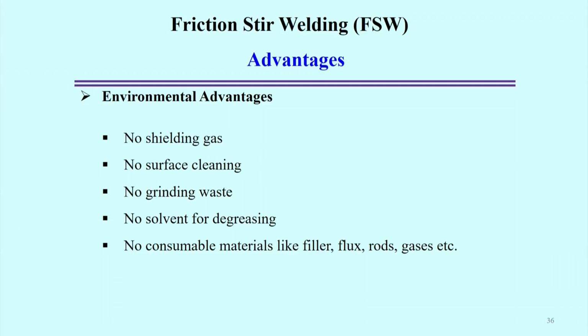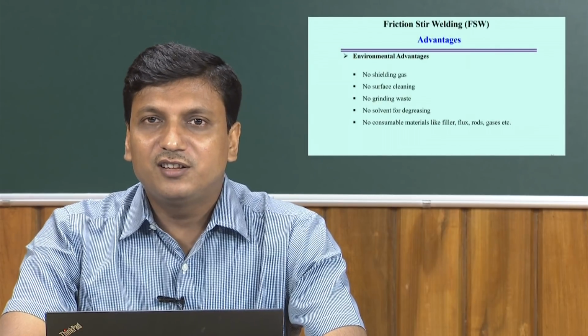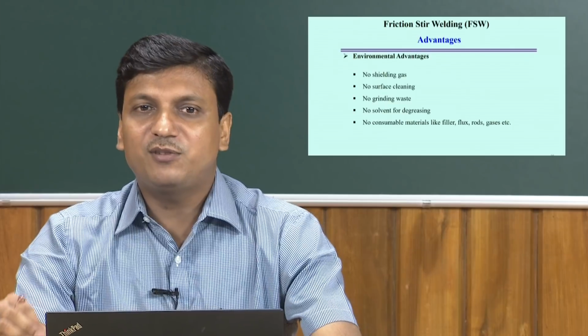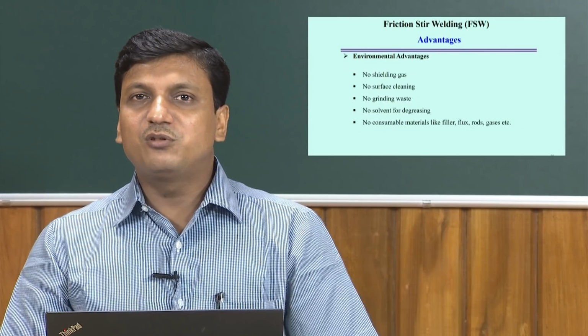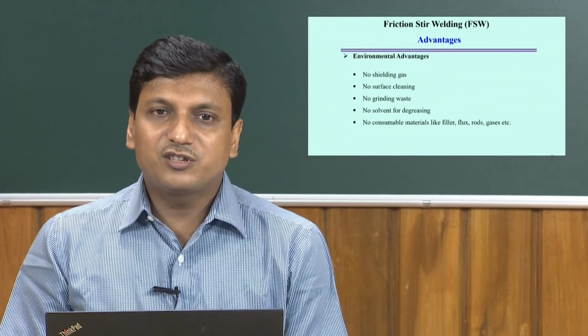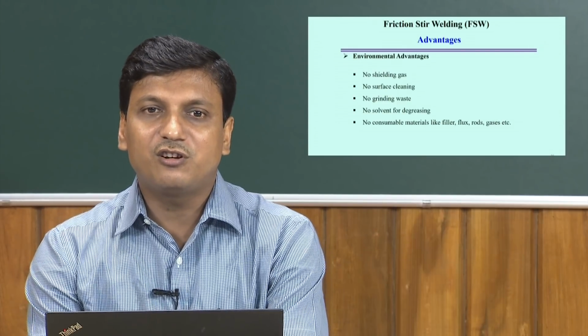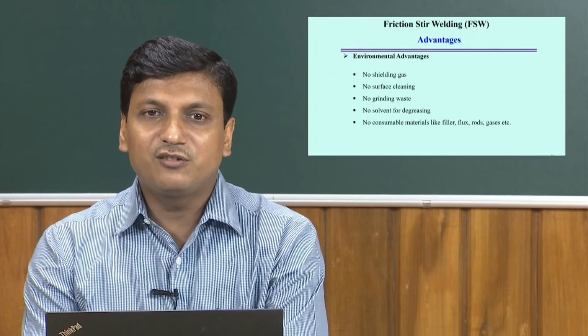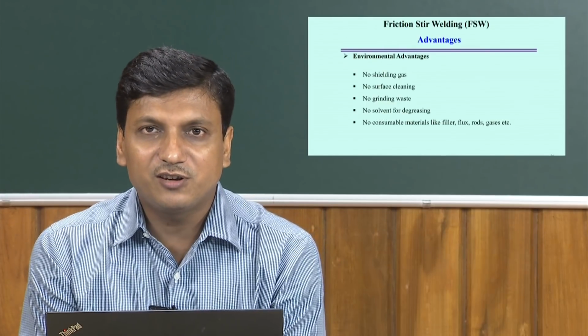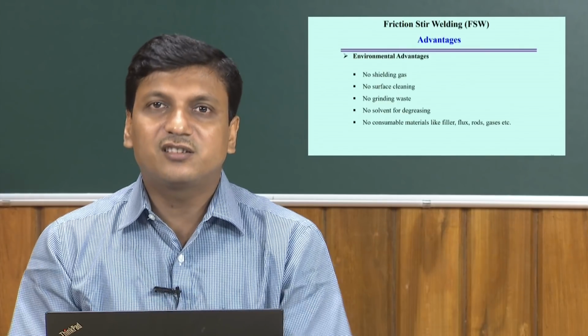So, if we look into other environmental advantages. In the very beginning we pointed out that the friction stir welding process is one kind of green technology. In that sense it is very advantageous, because no shielding gas is required, no surface cleaning is required, no grinding waste, no solvent for degreasing, and no consumable materials like filler material, flux, rod, gas, etc. are required.